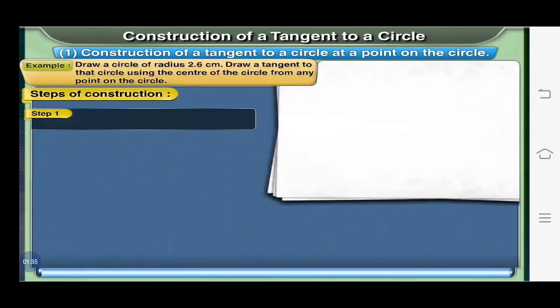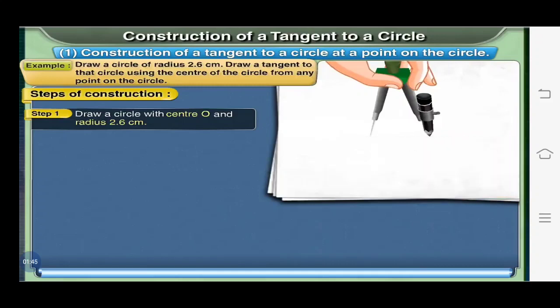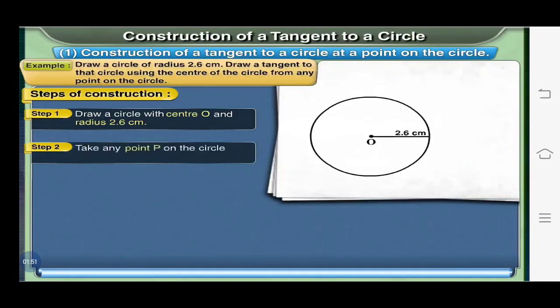The first step of our construction is draw a circle with center O and radius 2.6 centimeter. Step 2. Take any point P on the circle and draw ray OP. Step 3.